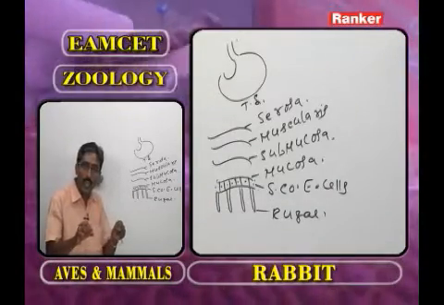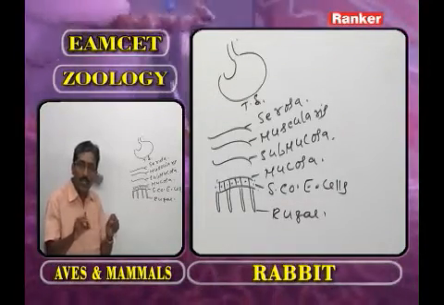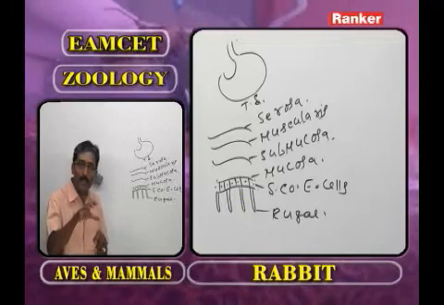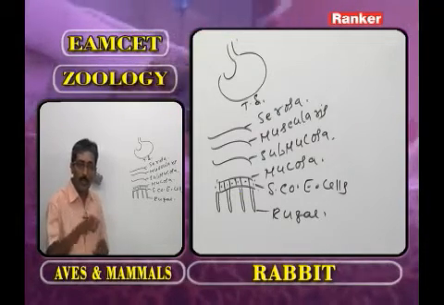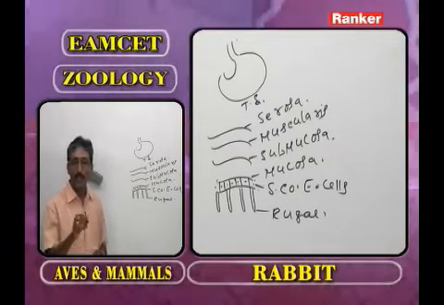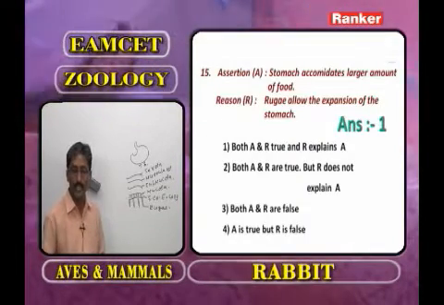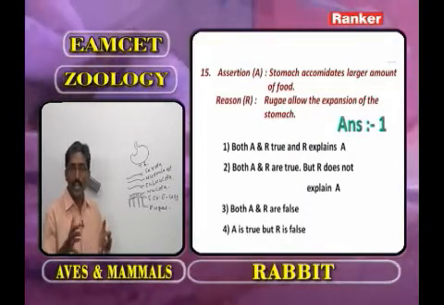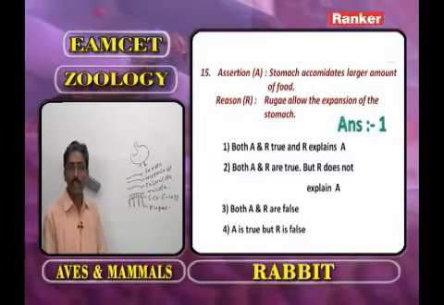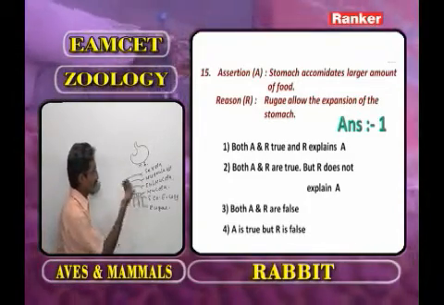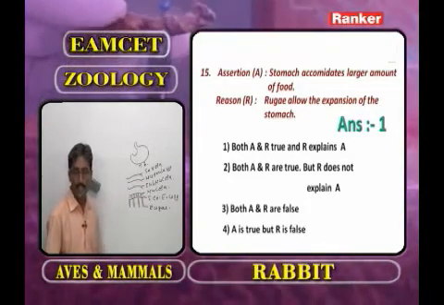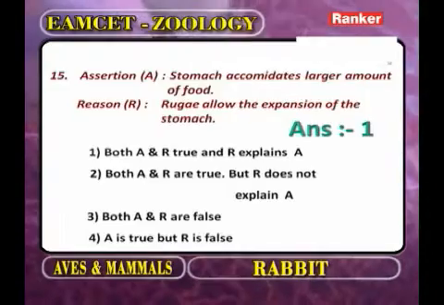The rugae increase the volume of the stomach depending upon the amount of food materials. So the stomach accommodates a larger amount of food materials; rugae allow expansion of the volume of the stomach. So, both are correct, R explains A. Now, we go for the next question.